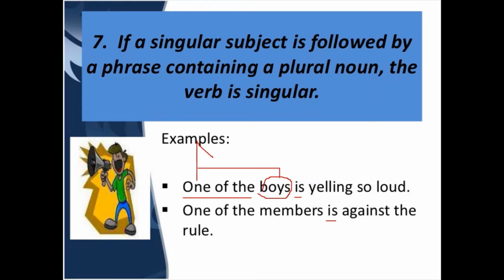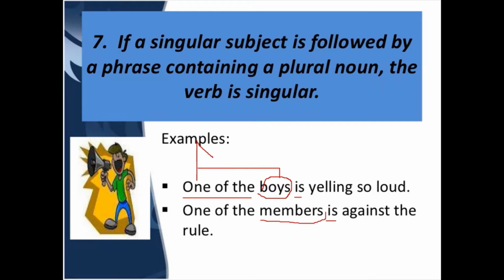So one of the boys, it refers to a particular boy. So that's why the verb used in this sentence is. Same with example number 2. One of the members is against the rule, so the verb used is. So it is preceded by the noun members.